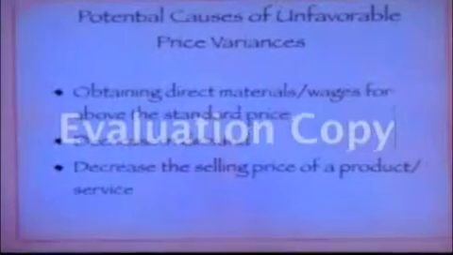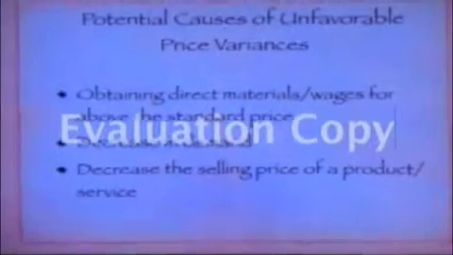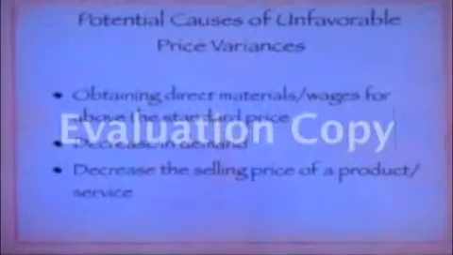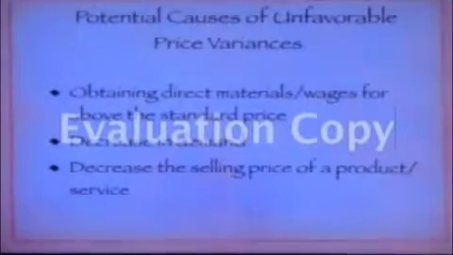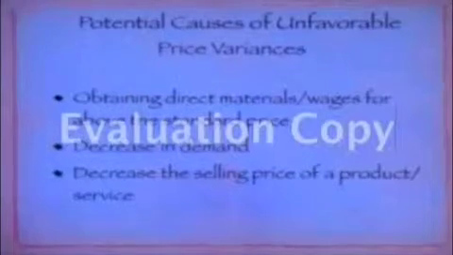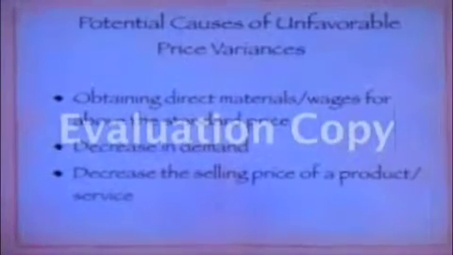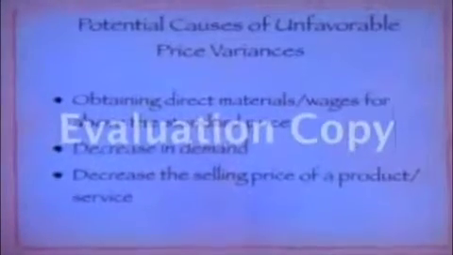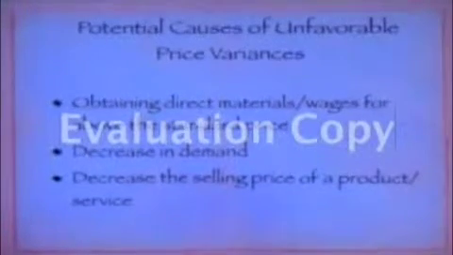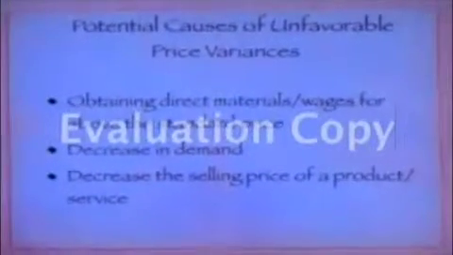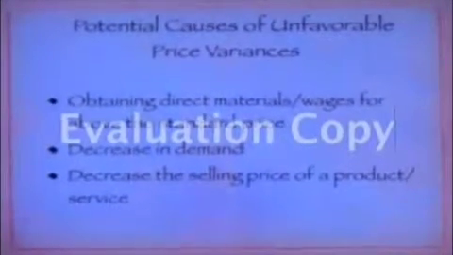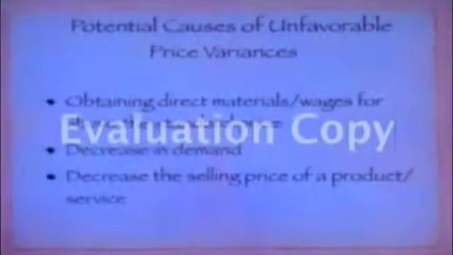Potential causes for an unfavorable price variance would include obtaining direct materials or wages for above the standard price. That would lead to an unfavorable price variance. Also, a decrease in demand would most likely lead to a decrease in the selling price of a product or service, which would lead to an unfavorable price variance.